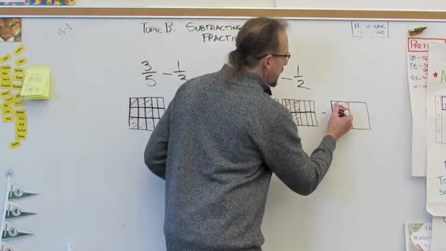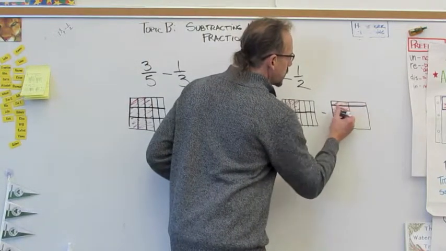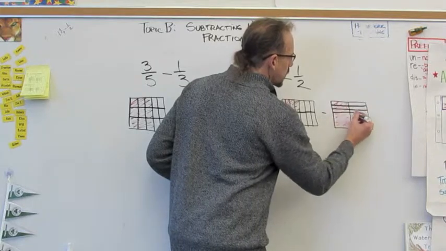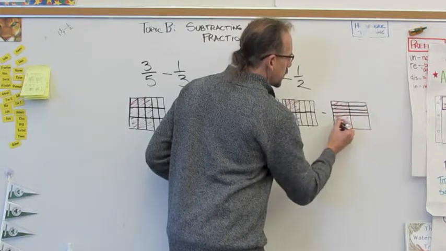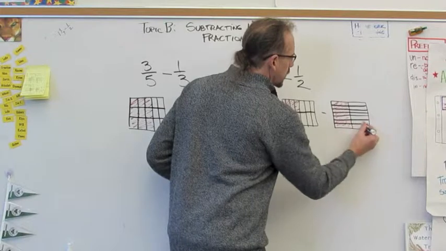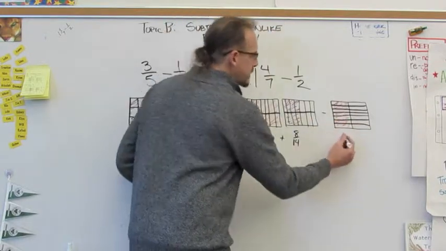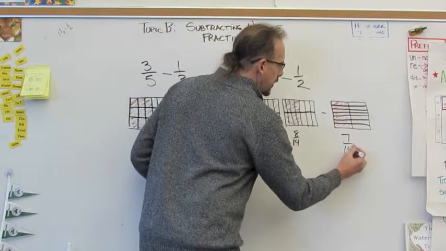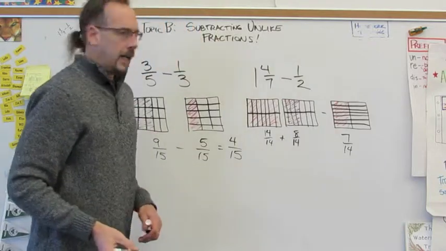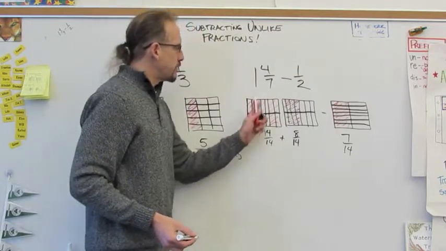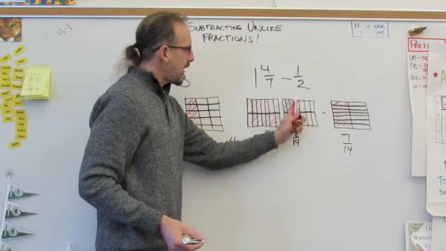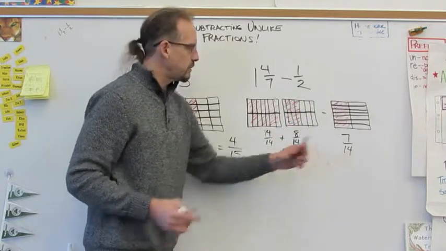This one I've got to divide into 7 parts. And now I've got 7 14ths over here. Now again, I don't need to really do the 1 for this one because I have enough 14ths here to subtract there.